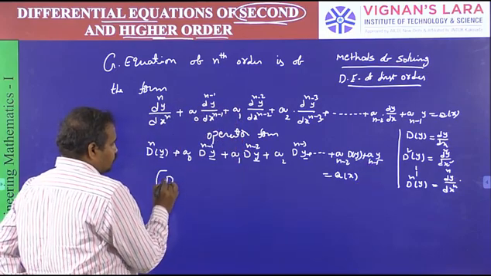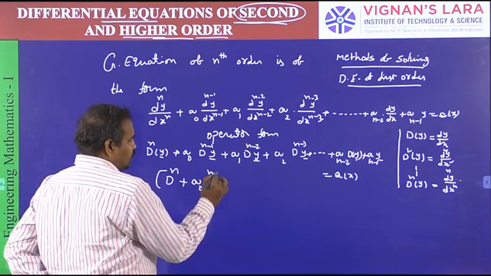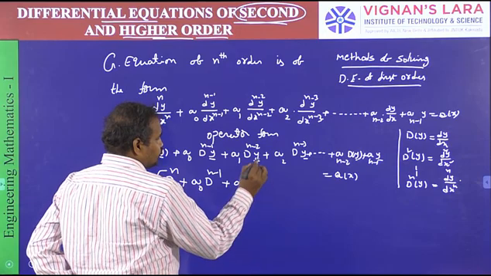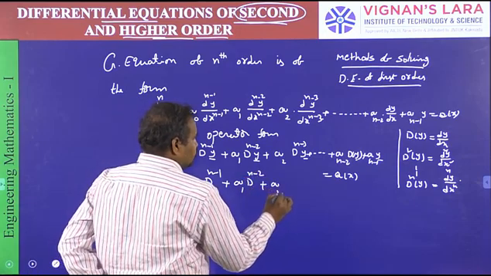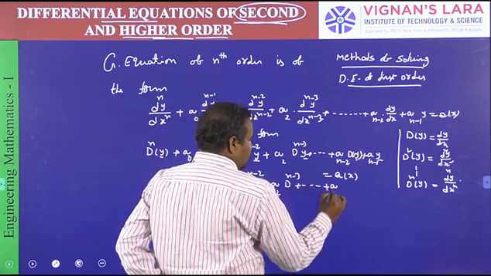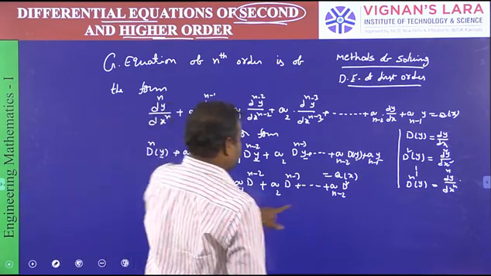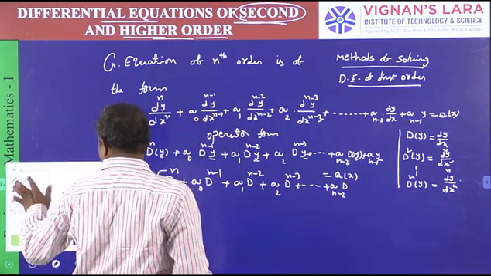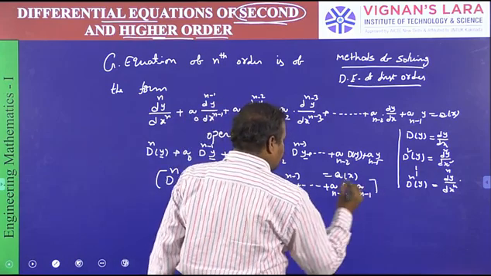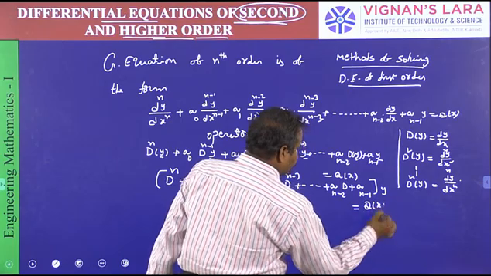Then this is of the form D^n plus a0 into D^(n-1) plus a1 into D^(n-2) plus a2 into D^(n-3) plus and so on plus a(n-2) into D plus a(n-1), all multiplying the common term y, which is equal to q of x.